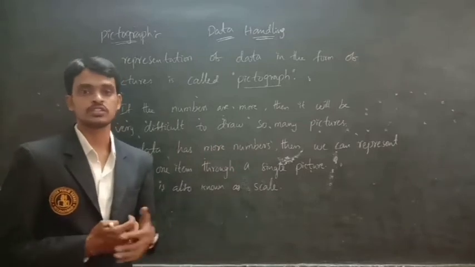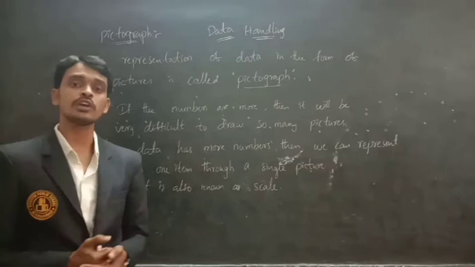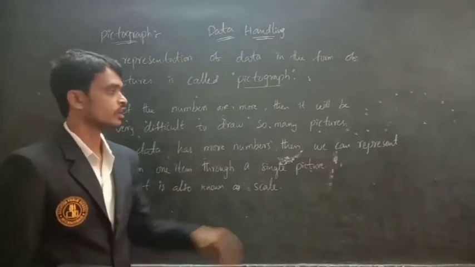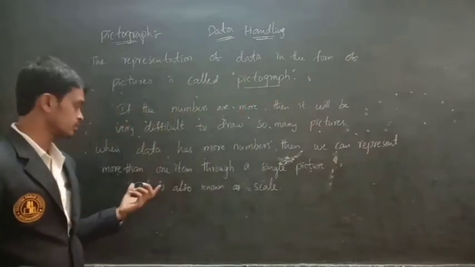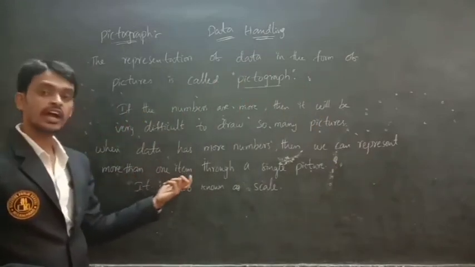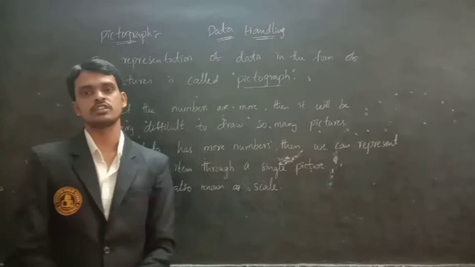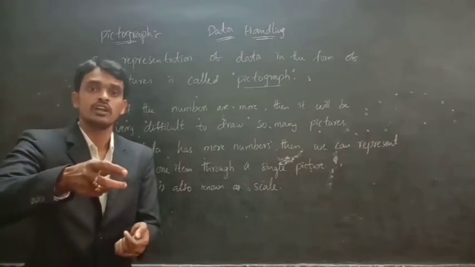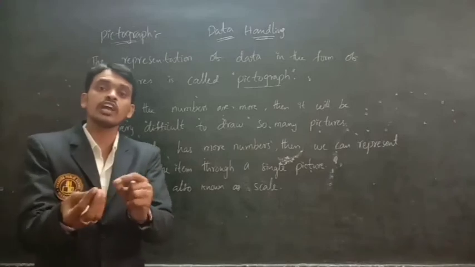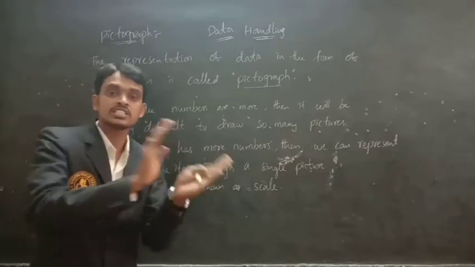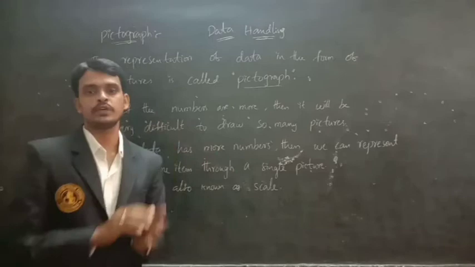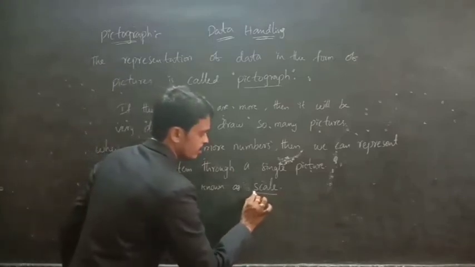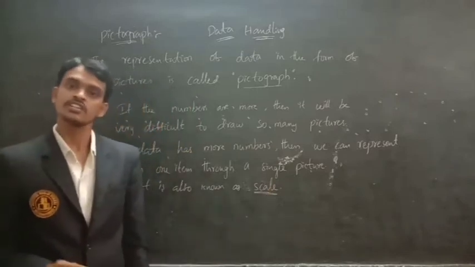So in this situation, if the data has more numbers, we can represent more than one item through a single picture. By using a single picture, we will represent more than one item of the same similar pictures. It is also known as a scale.